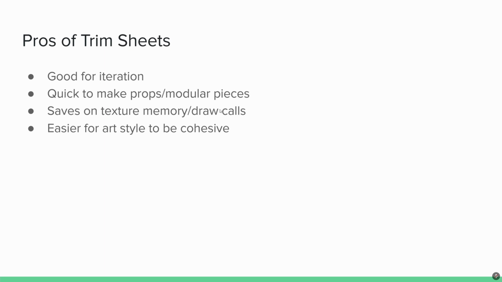And since you're not using as many texture sheets, you save on draw calls as well. I also talked a little bit before about how it makes it easier for the art style to be cohesive since you're using the same trim sheet. You don't have to worry about things looking out of place, not matching, and looking awkward.